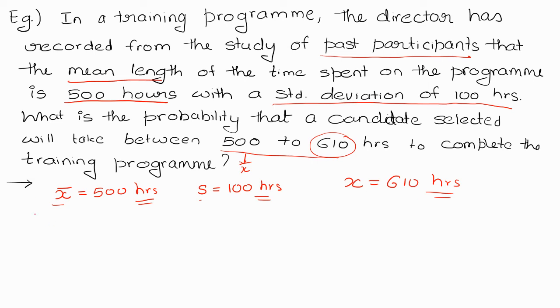Okay, so now the next thing is putting this into the formula. So what is my formula? Z is given by x minus x bar upon s. Now for this, x is 610 minus x bar is 500, and s is given by 100.